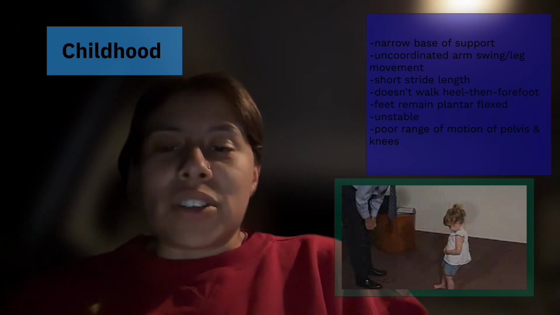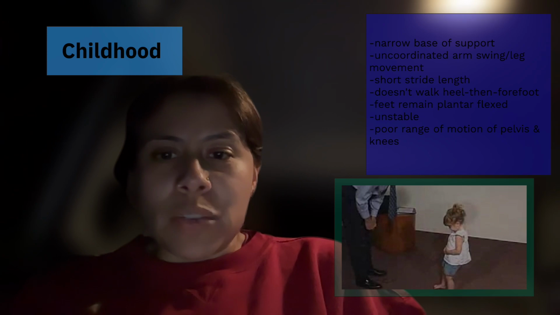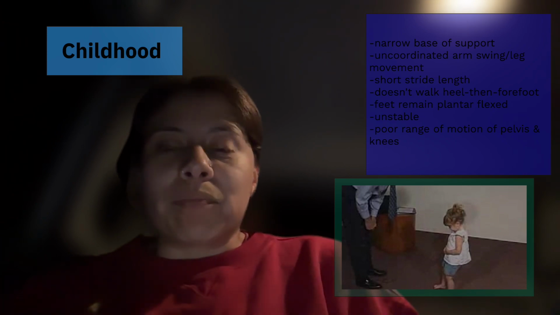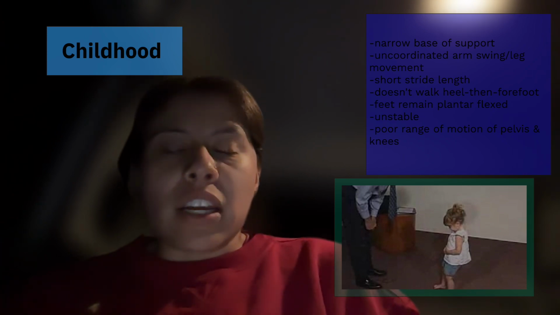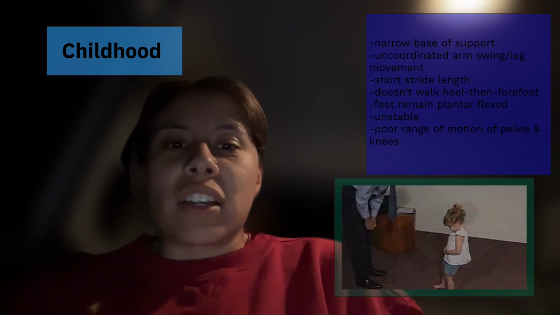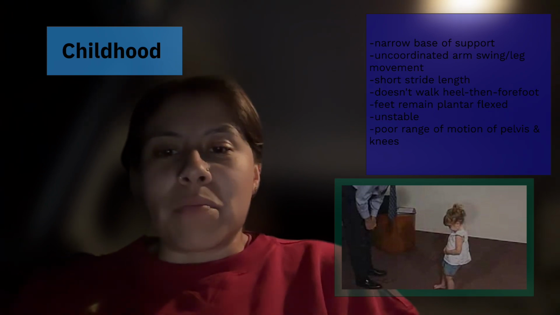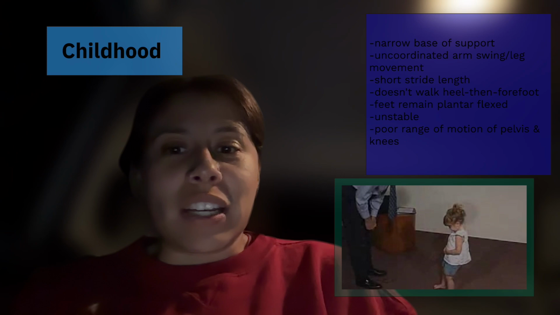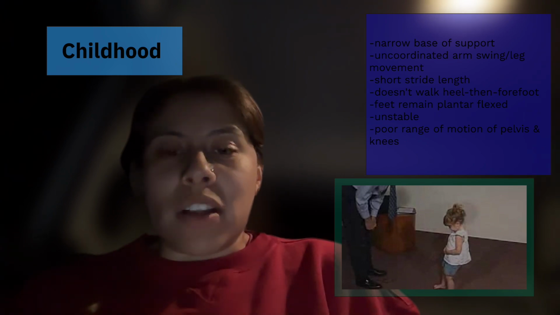She shows a little bit of instability when she's walking, a little uncoordinated or clumsy, and she also has poor range of motion in her pelvis and her knees, which basically leads to poor mobility and the shorter stride length as well.